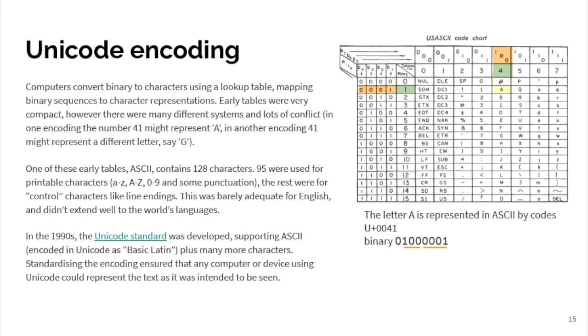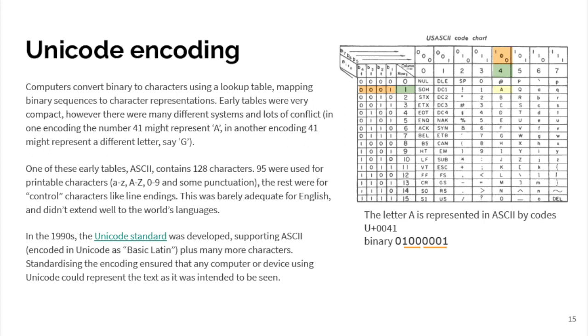This is one of the early systems that represented 128 characters, letters and numbers in the English writing system, as well as a few space codes and control characters like new line endings and delete sequences.